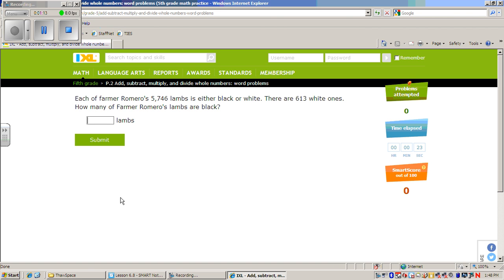I know how many white ones there are, so I'm going to need to use subtraction. Because I know the total number of lambs, which is 5,746, I need to subtract the number of lambs that are white. And if I do that, I would end up with 5,133 lambs that are black.